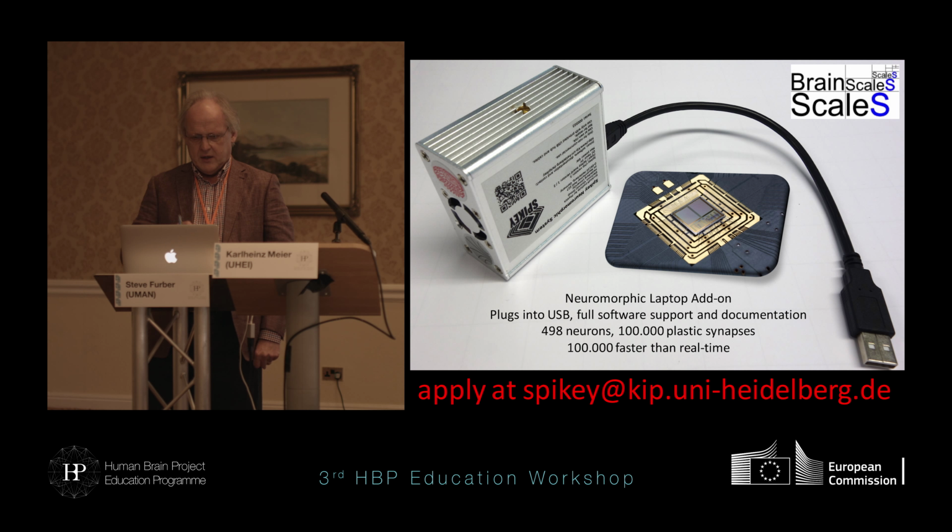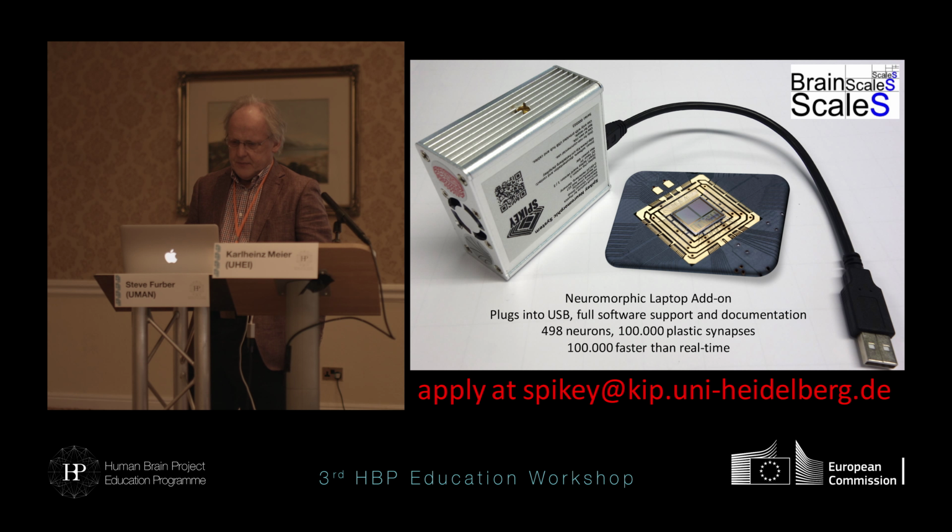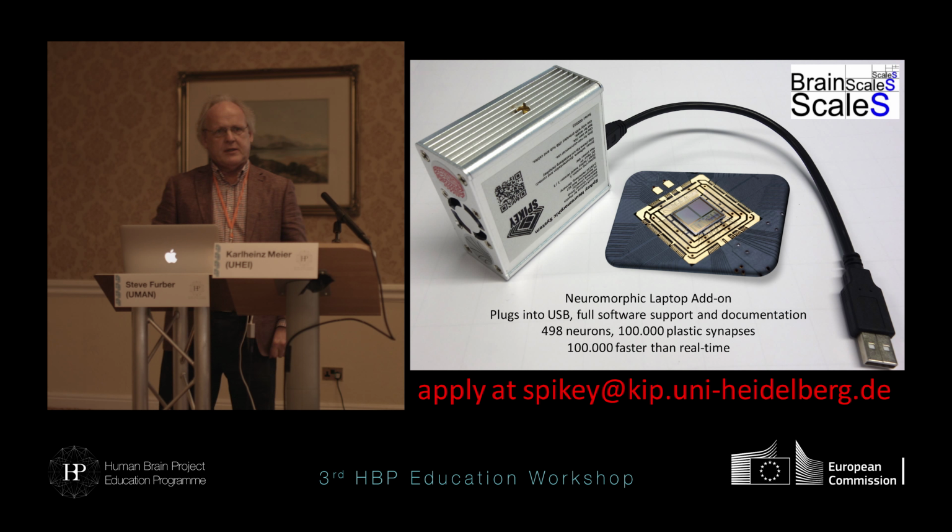So it goes even quicker, and it comes in a neat portable box. Just to mention that there is a similar small Spinnaker development system, probably in a very similar size box that you can also power off USB. So both of the HBP platforms have small development kits plus large machines based in Manchester and Heidelberg.